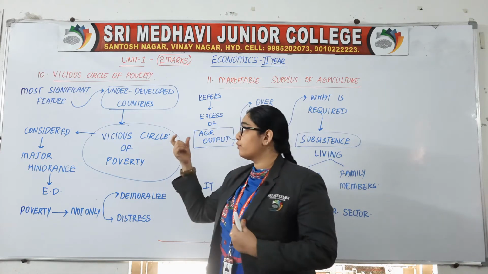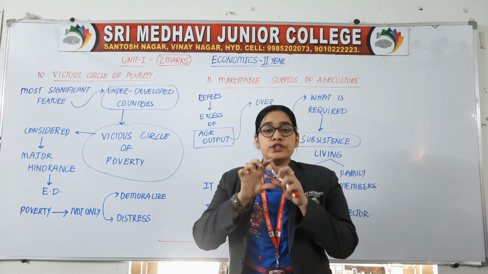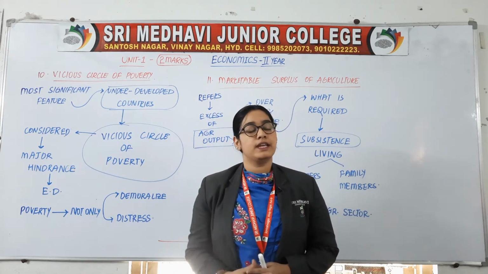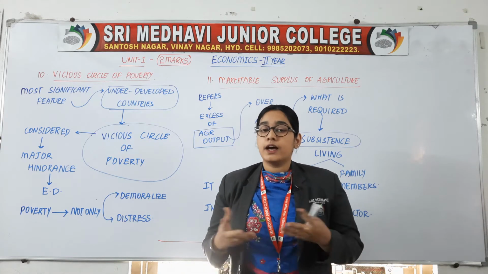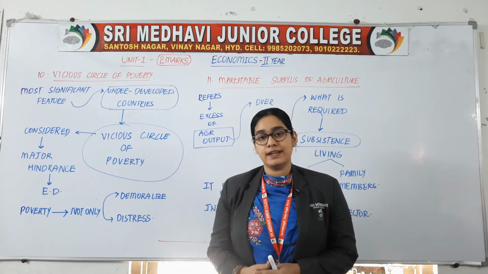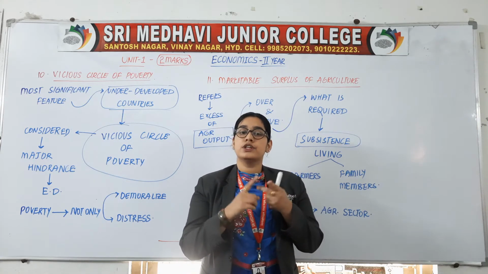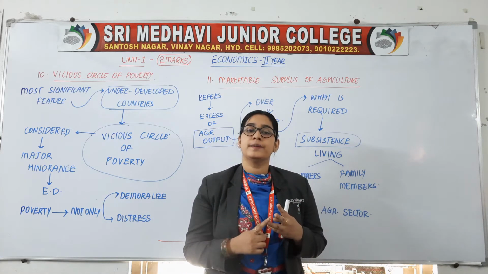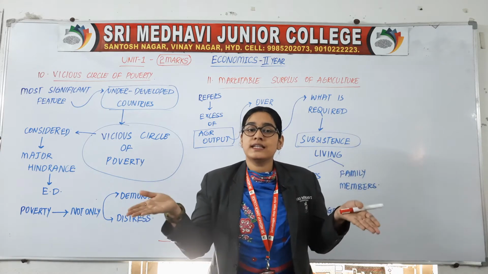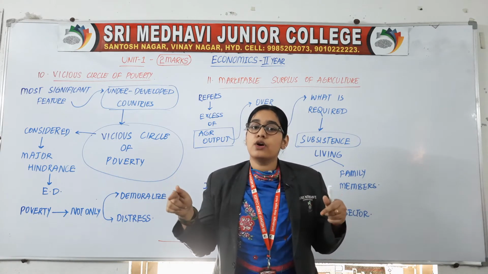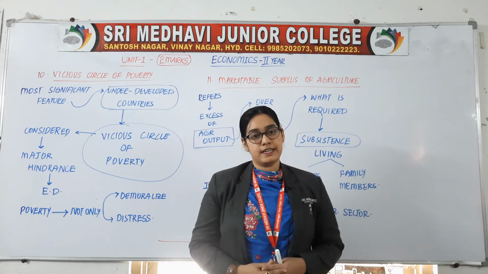Before learning the definition of vicious circle of poverty, you need to first know the meaning of poverty. A person who is not able to satisfy his minimum needs of food, cloth, shelter is considered to be a poor person. Then he is called to be in poverty.